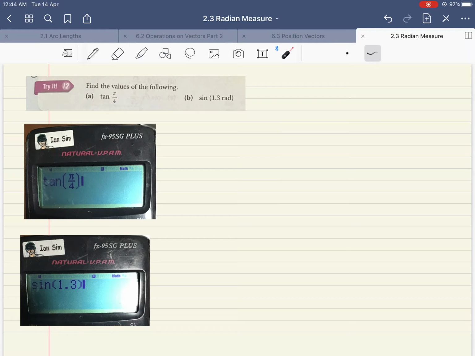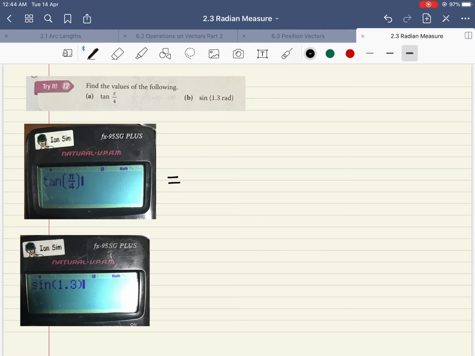So now we have this. Go on ahead now. If your calculator is already in degree mode, change your calculator back into radian mode. Then if it's in radian mode, let's try Try 12, and key in these two values, tangent of pi over 4 and sine of 1.3, as I've shown on my screen here.